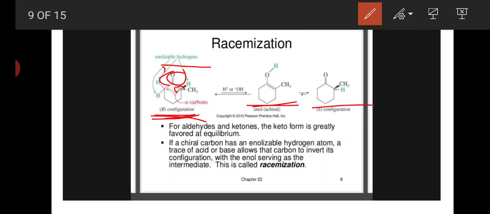This process is called racemization. Here the enolizable hydrogen atom is present at a chiral carbon, so there is a chance to convert that compound's configuration. So here R configuration is converted to S configuration, so this total process is called racemization.